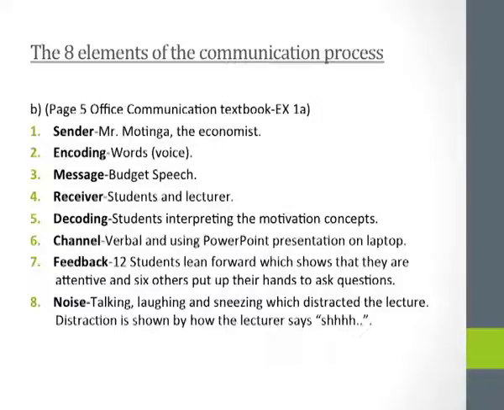The 8 elements of the communication process are as follows. Number 1, the sender. The sender is Mr. Motinga, who is the economist, because he's the one who's giving the presentation. Number 2, encoding. He uses words by using his voice. The message here is the budget speech. The receiver are the students and the lecturer.